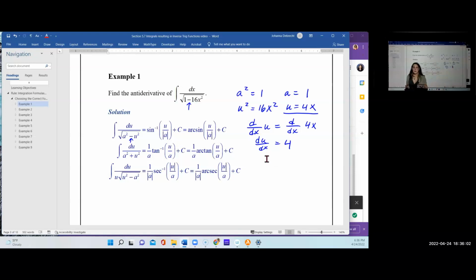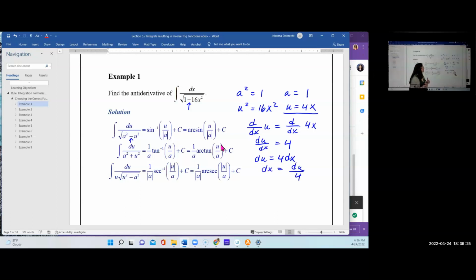Now, technically, we're not allowed to do that because this isn't a fraction, it's the derivative operation. But the genius of Leibniz's notation is that if we do that, it works, and it always works. So we do it. This gives us du is equal to 4 dx. Now we solve for dx by dividing both sides by 4.